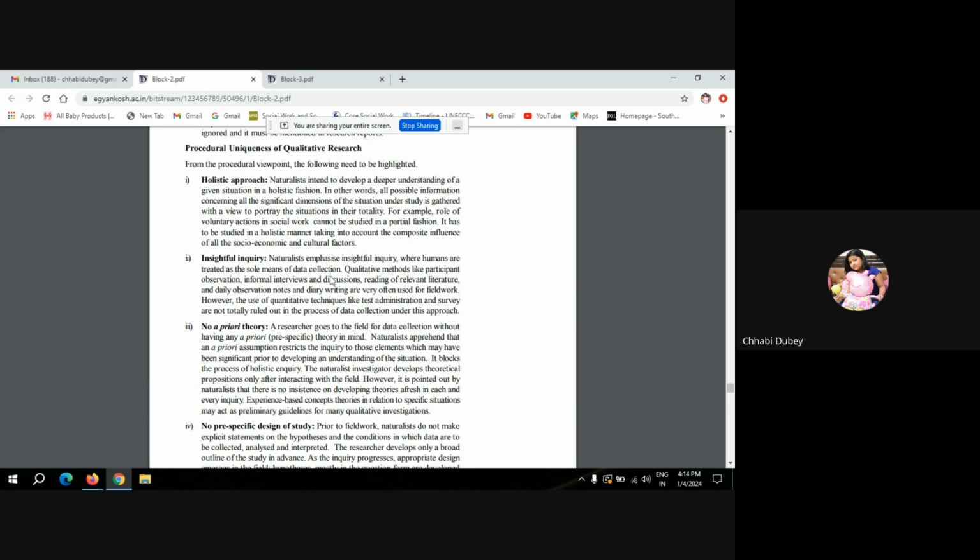There are methods pertaining specifically to qualitative research, like participant observation, informal interviews and discussions, group discussions, observations, writing notes and diary writing, and reading of relevant literature. These are often used for fieldwork, and they offer a very insightful inquiry. So it becomes a very unique proposition for the qualitative method.